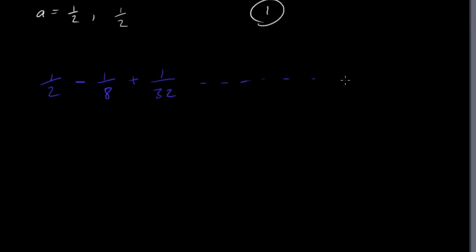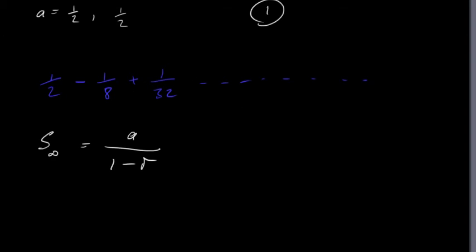This is a series that goes off into infinity. What do you think you would get when you added up all these numbers right out to infinity? Well, let's write down our a and our r. Remember, our formula is S infinity is equal to a over 1 minus r. So we need an a and we need r.